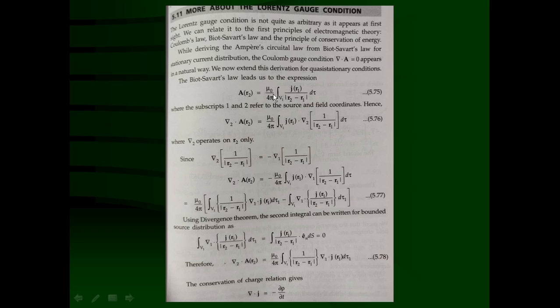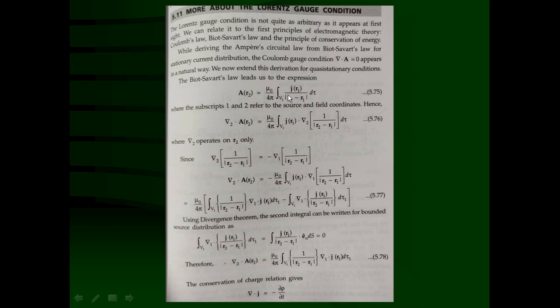How can you obtain it? Because of the current moving in loop 1, it is given by the current density J, which is a function of the different position vectors R1 in the source loop, upon the distance from position vector R1 to position vector R2, the displacement vector.